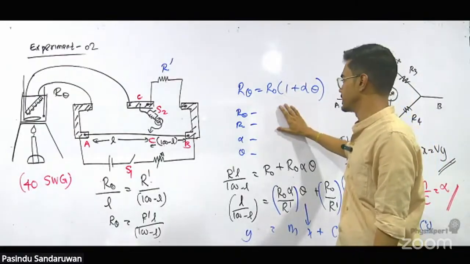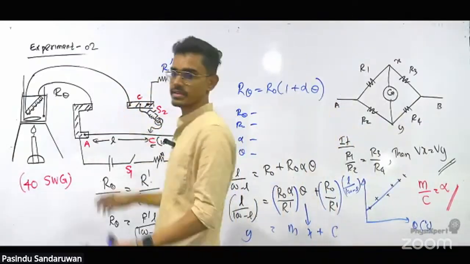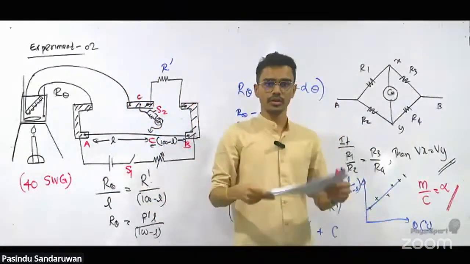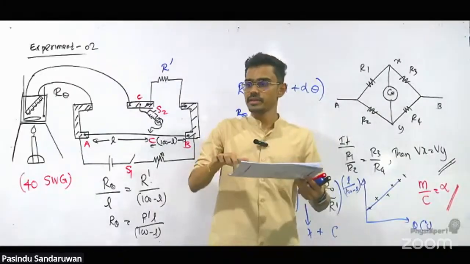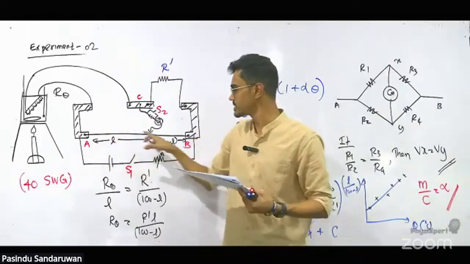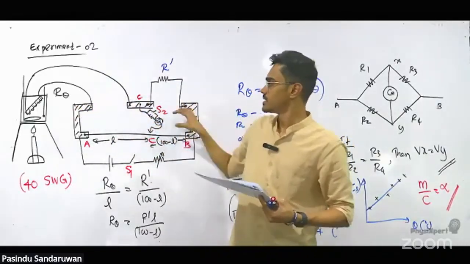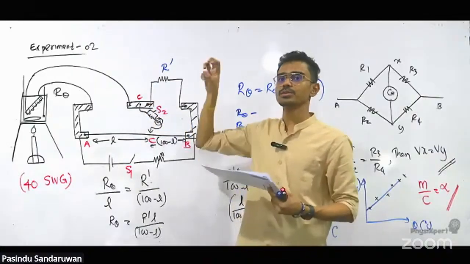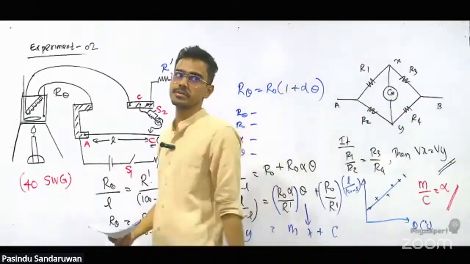Right? Then the meter bridge setup means the board with all three strips and the meter bridge wire. This part is what the meter bridge has. And everything else you need to set up when you start the experiment.